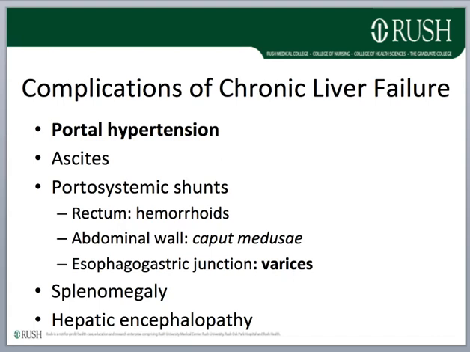Because of the chronic congestion from the portal circulation, you can get passive congestion of the spleen, or splenomegaly, enlarged spleen. And then you can also see hepatic encephalopathy with chronic liver failure as well.